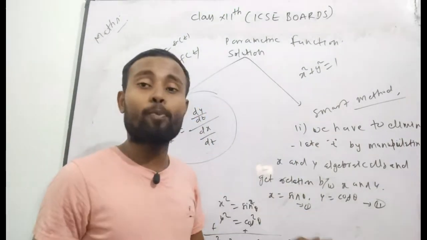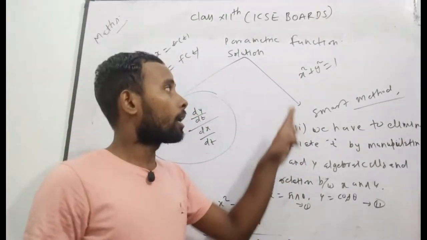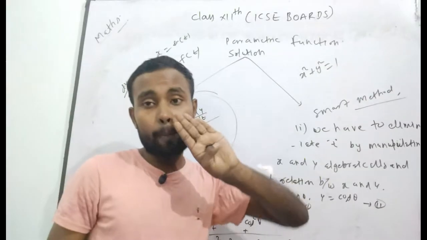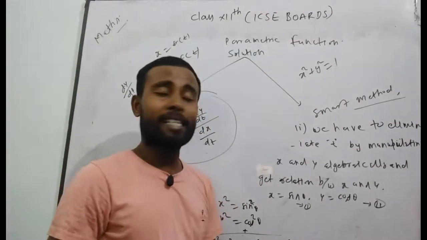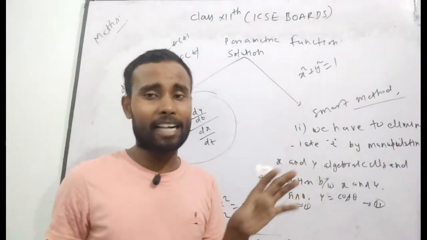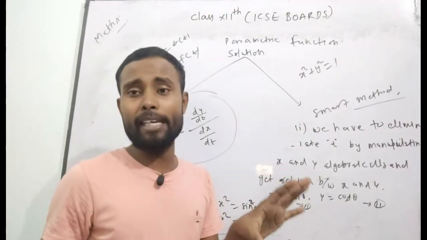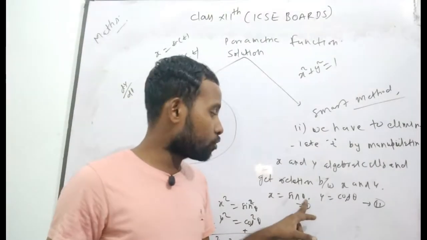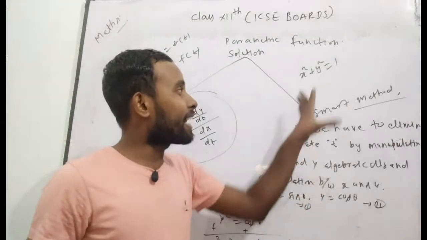Always try to manipulate both given equations in such a way that you can express both variables in a relation with only constants and no other variable, here theta. I think you understand.